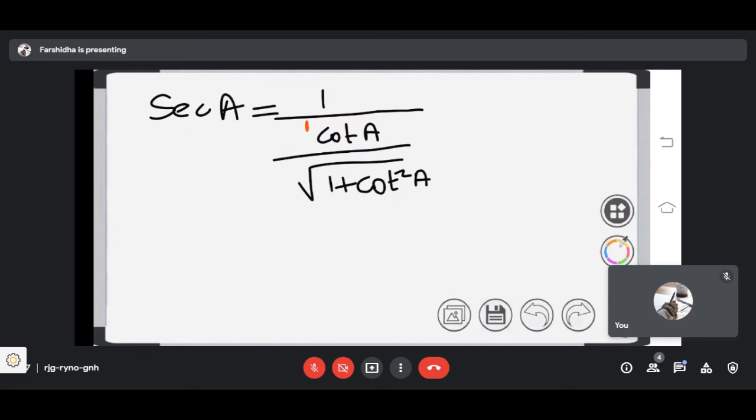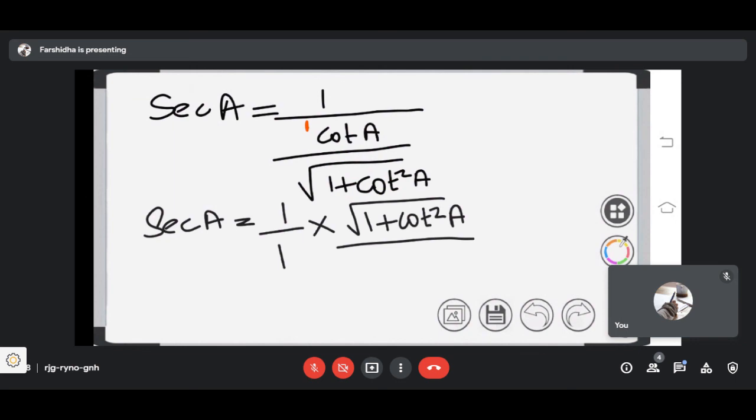Actually, here you have 1 by 1 divided by cot A by root of 1 plus cot square A. Taking it to this side, it will be the reciprocal and the division sign will become multiplication. So sec A is equal to 1 by 1 into the reciprocal, root of 1 plus cot square A divided by cot A.